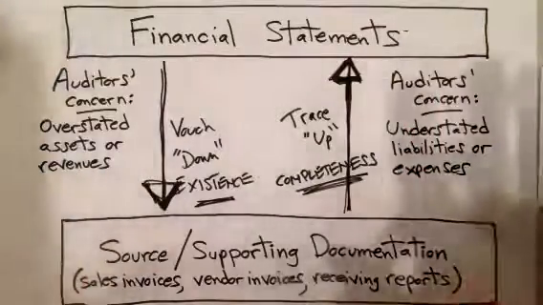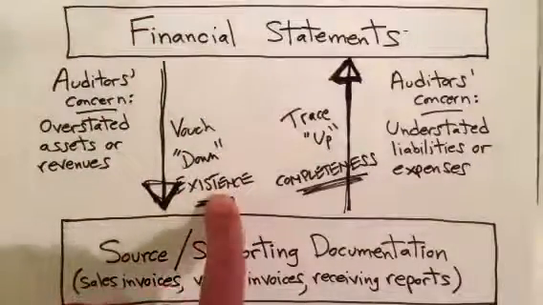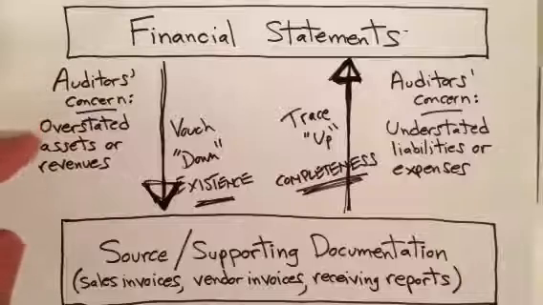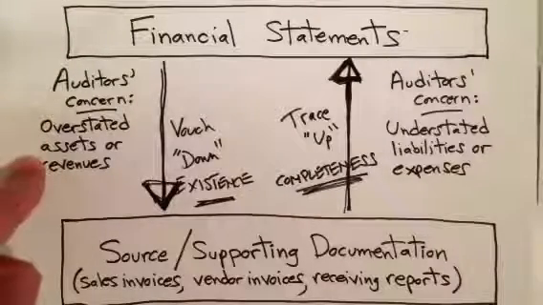So again, two different things. We vouch down to test for existence because we are worried that the client may have overstated assets or revenues in the financials, and we want to check against that.